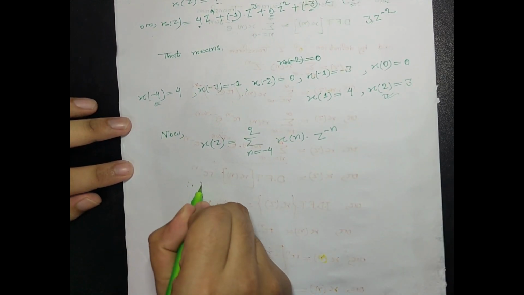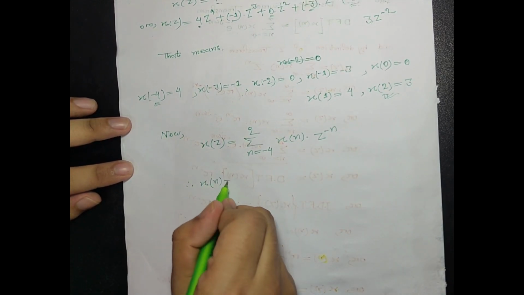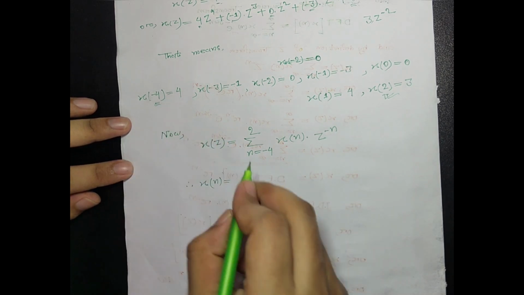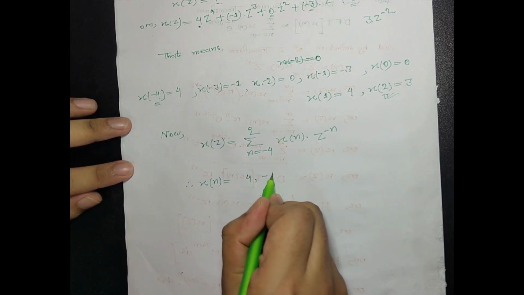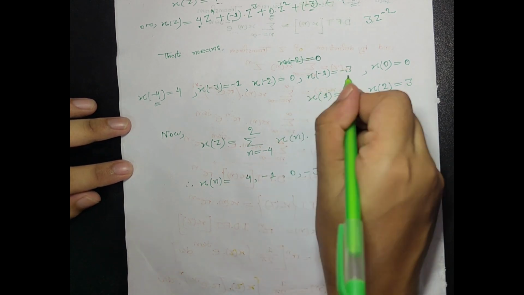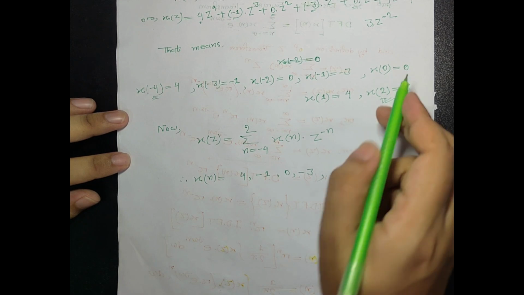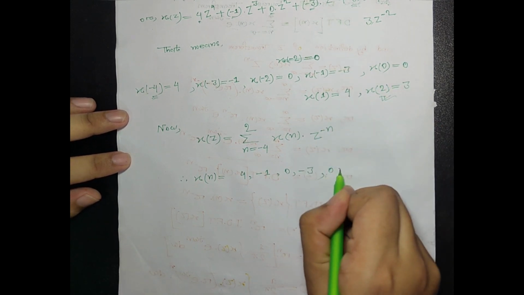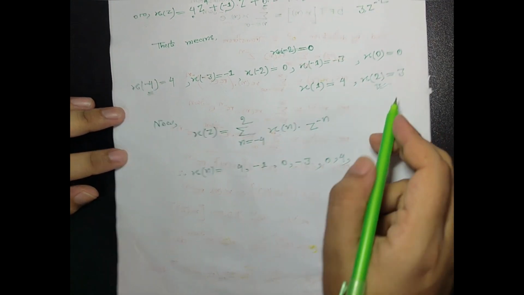That means x of n equal to 4, minus 1, 0, minus 3, 0, 4 and 3.